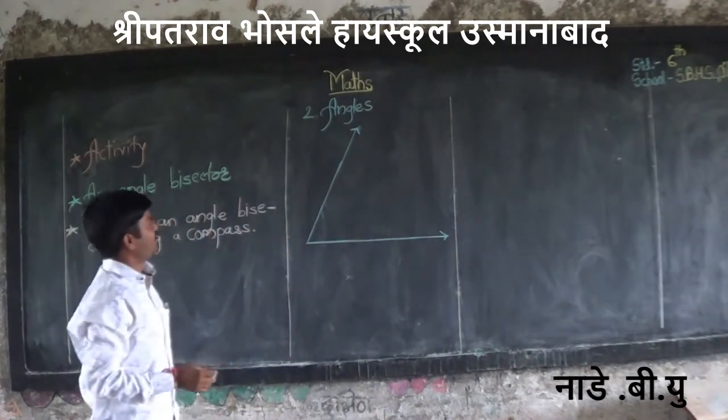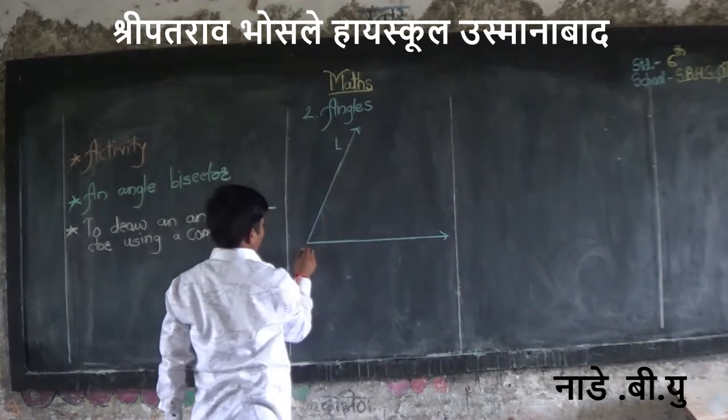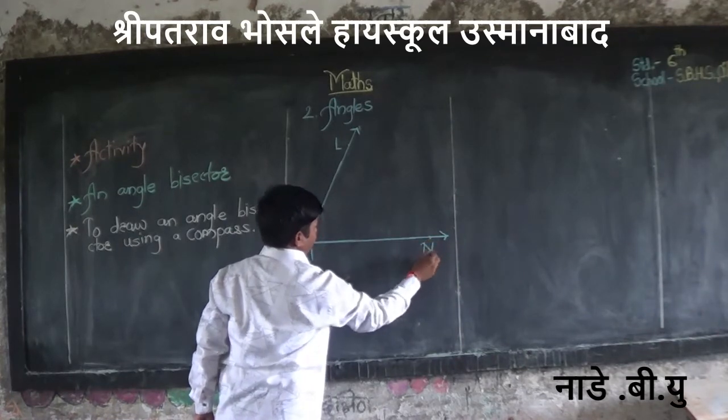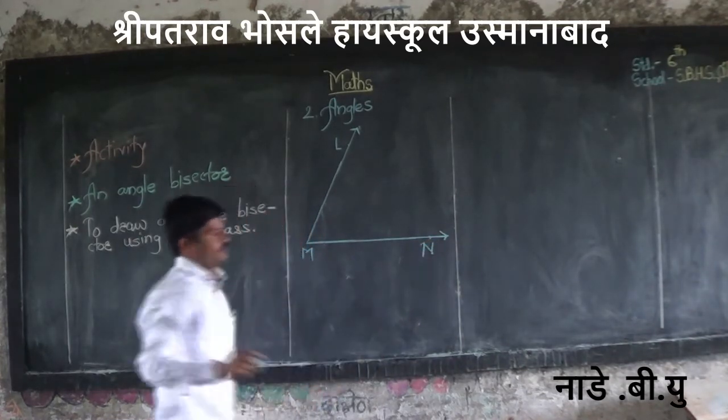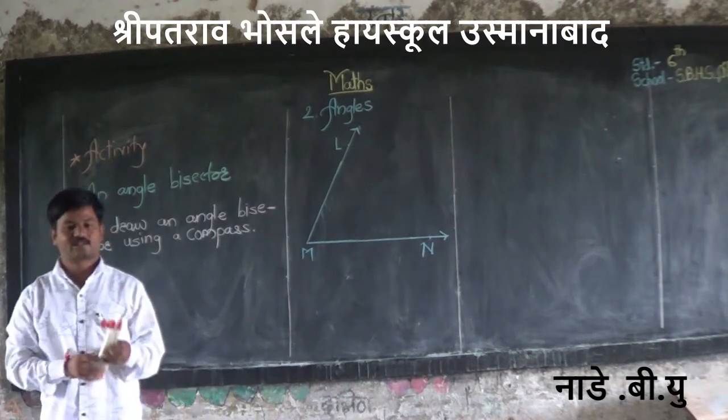On the blackboard, angle LMN. Here we draw the angle bisector using the compass.